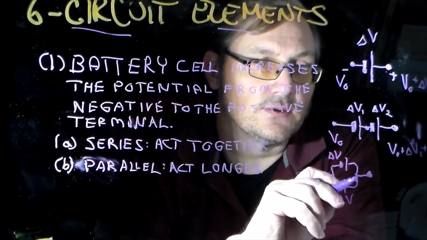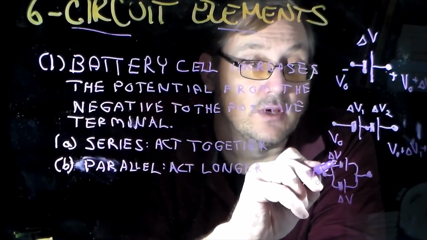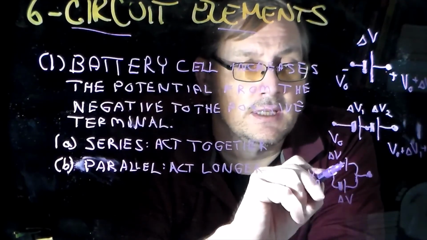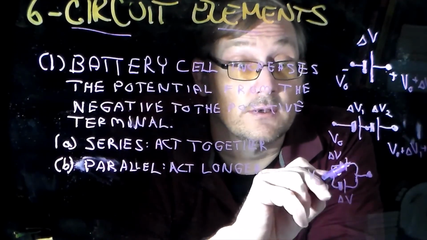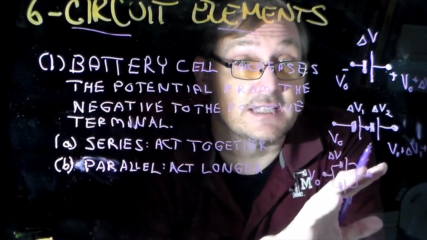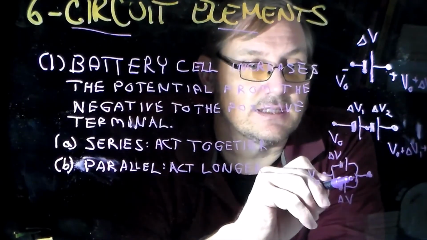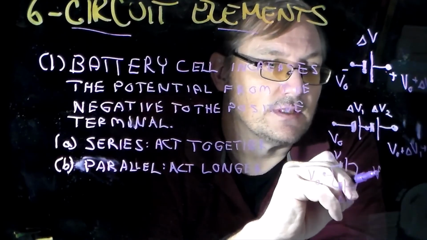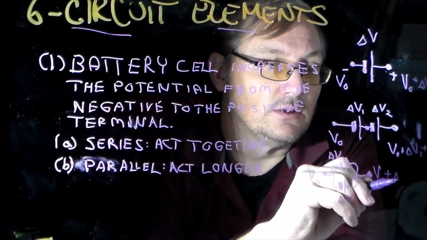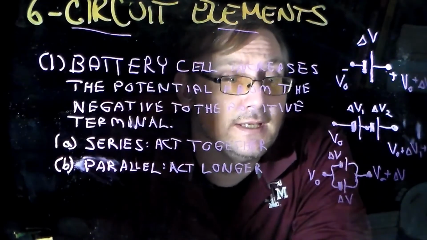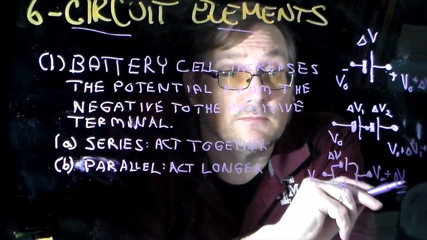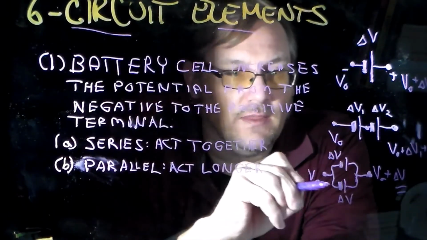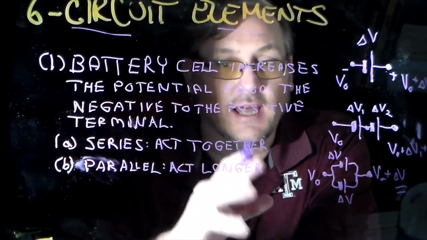For real wires, you can have real wires connecting two batteries with different voltages, but you can't do the same thing for ideal wires. So there technically has to be a resistor in between them somewhere in a real system. These still raise you up to the same amount of potential, which we already talked about. So the thing that this does is it allows you to act longer.